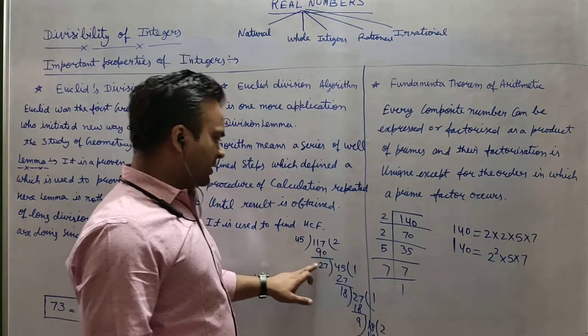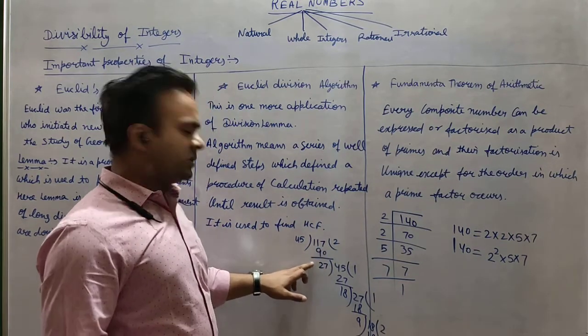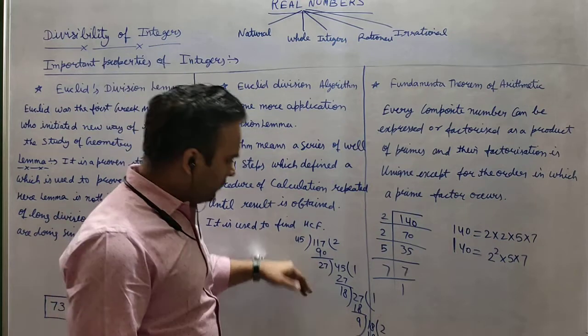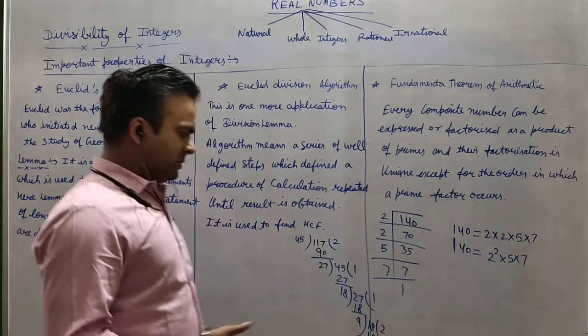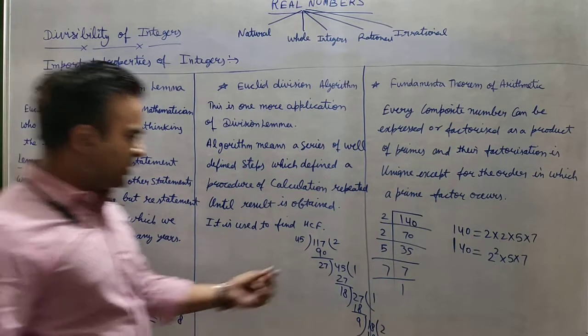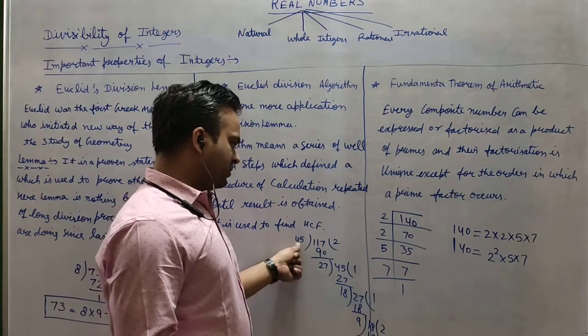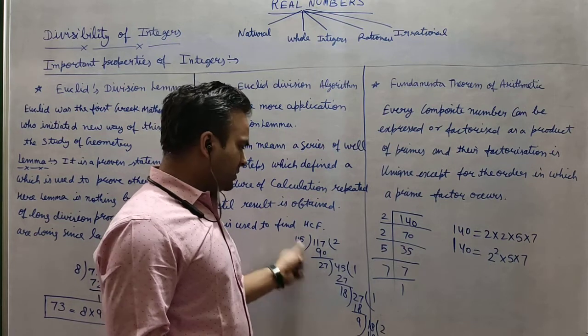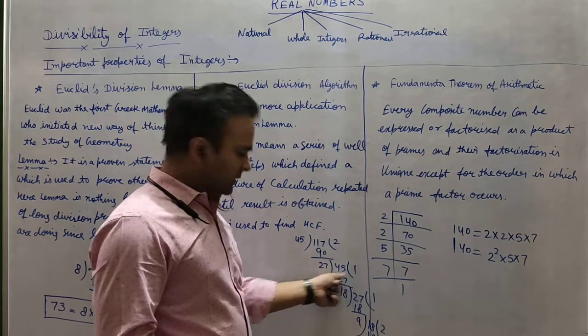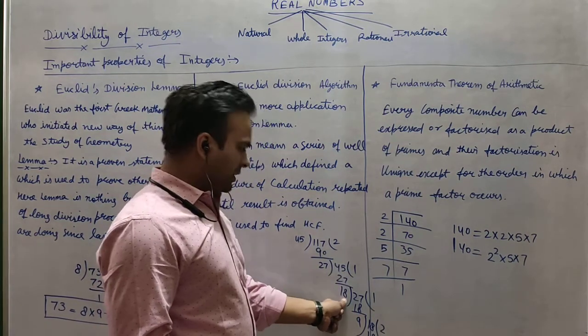We are not getting exact division, meaning the remainder is not 0. So if we do further division like this, the remainder will now become the divisor, and the previous divisor will now become the dividend. In the same way, now we get the next remainder.